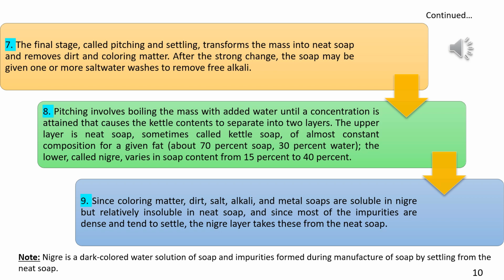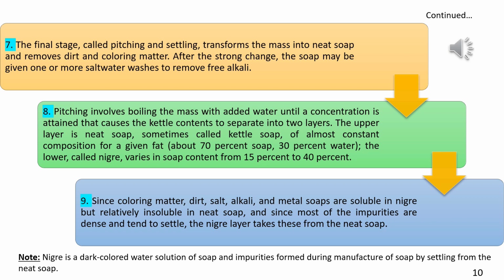So, the pitching step also involves a boiling process in which we boil our mass and add water to it until we obtain a concentration that consists of two layers. The upper layer consists of neat soap, which is also called kettle soap, and the lower layer consists of nigre, and in both layers the soap and water contents are present in different proportions.